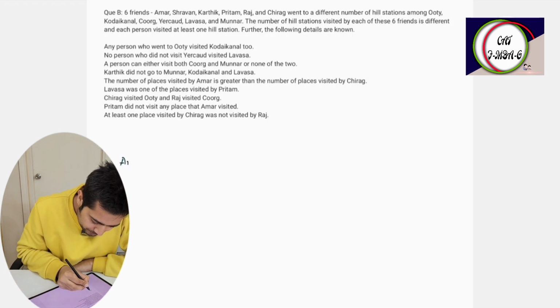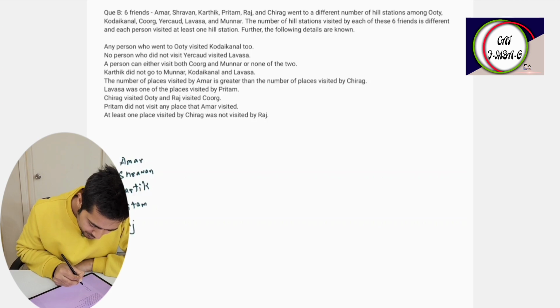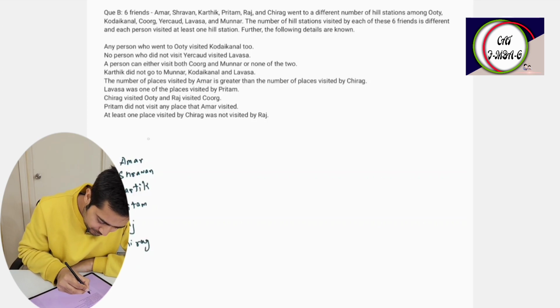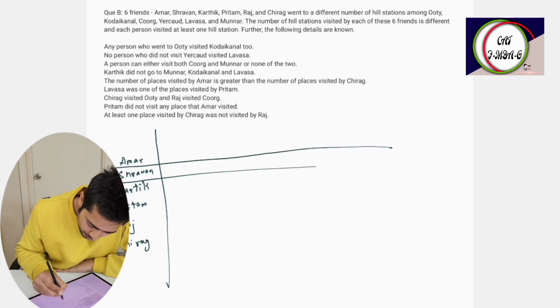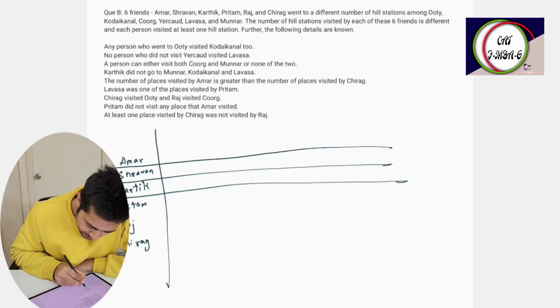Amar, Shravan, Kartik, Preetam, Raj, Chirag. You should know how to represent your data correctly.